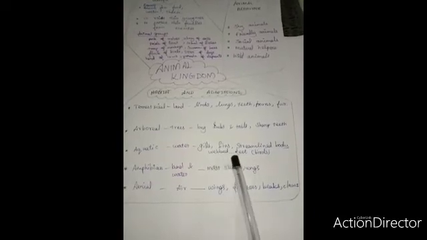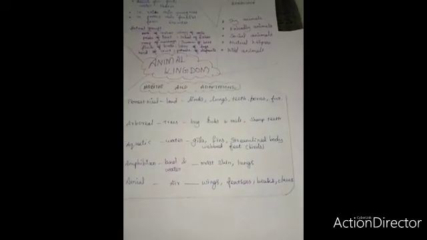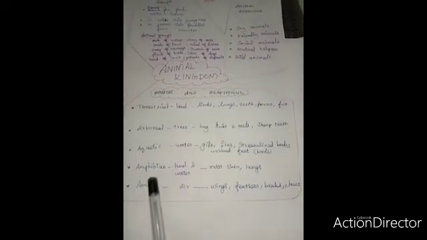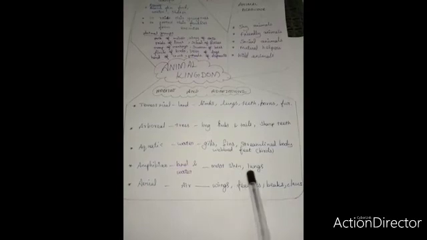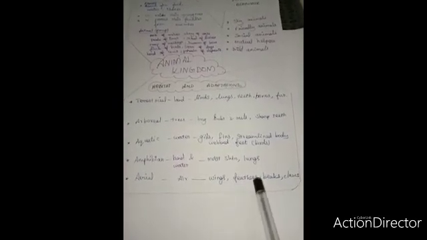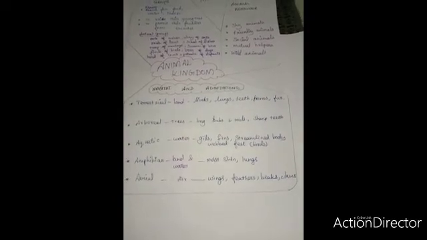Some birds have webbed feet, and wading birds have long, thin legs. And amphibians have moist skin and lungs as their adaptive feature. And aerial animals like birds have wings, feathers, beaks, and claws as their adaptive features.